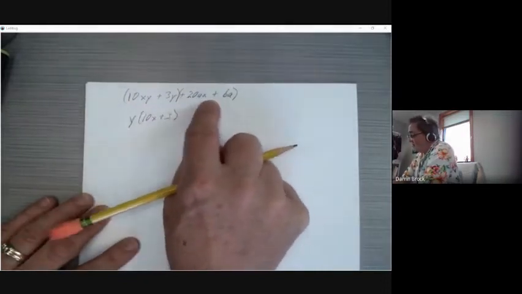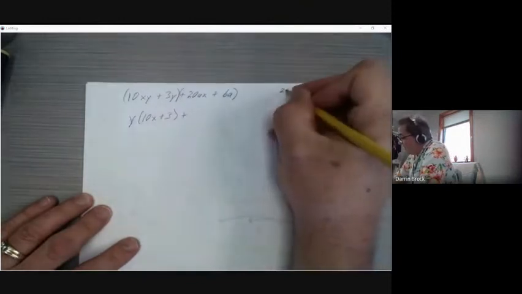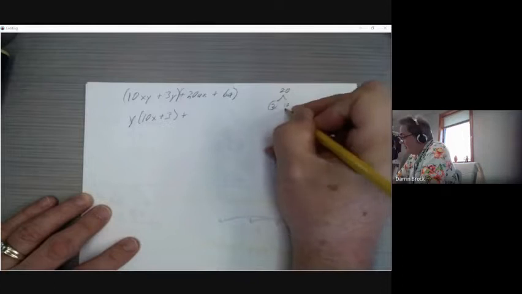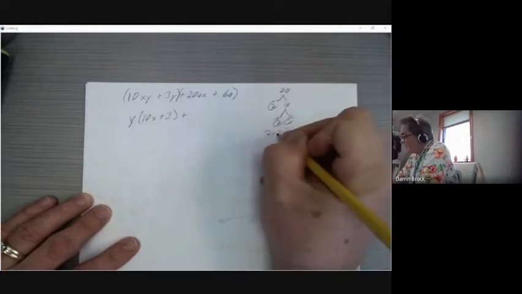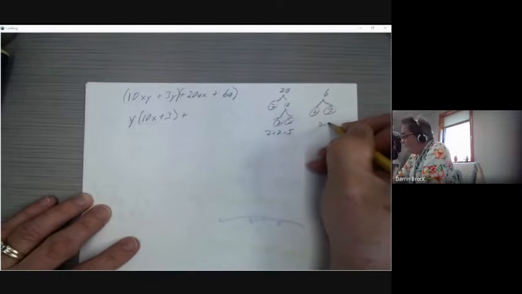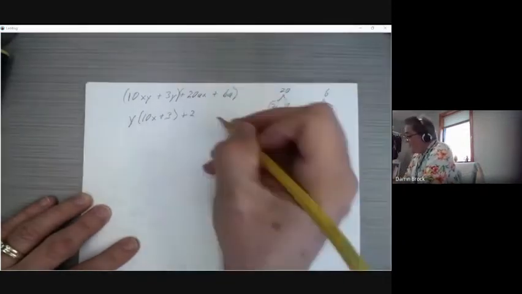Now, what can I factor out of the second group? There's a plus 20ax and a plus 6a. 20 is 2 times 10. 2 is prime. 10 is 2 times 5. Those are both prime. 2 times 2 times 5. 6 is 2 times 3. Those are both prime. So it's got a 2. That's got a 2. So I can factor a 2 out.